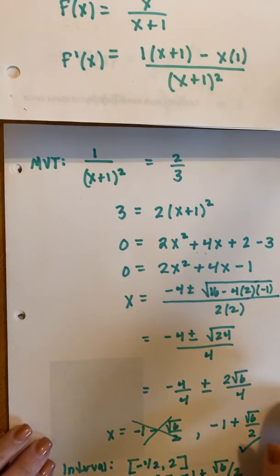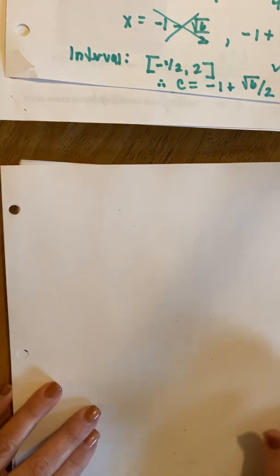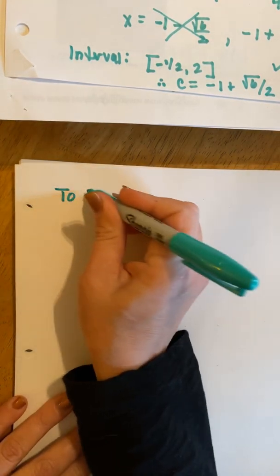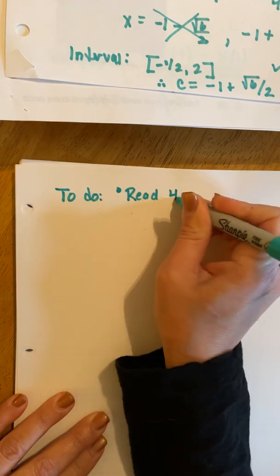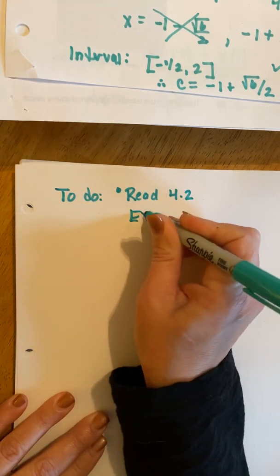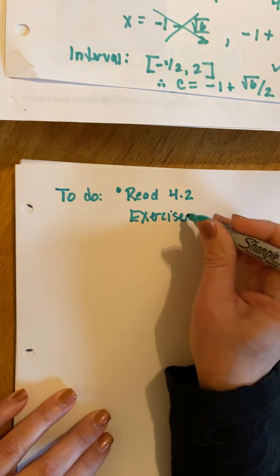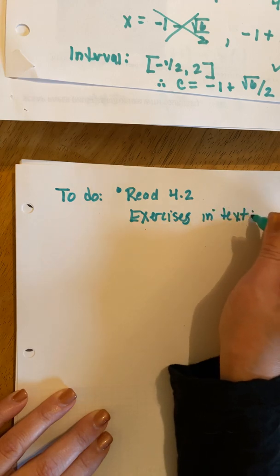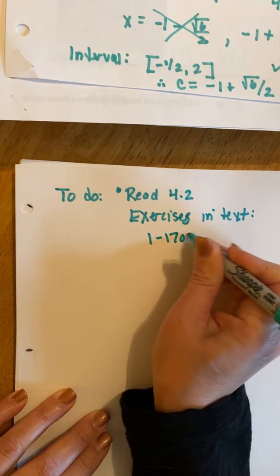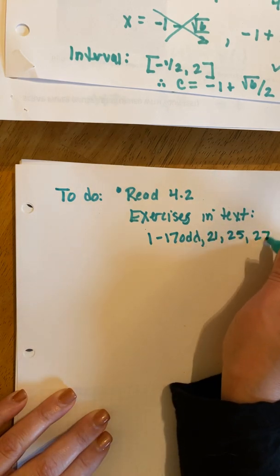All right, that being said, your assignment for 4.2 to do: Read 4.2. You still should be keeping up with your exercises in the text: 1 to 17 odd, 21, 25, and 27.